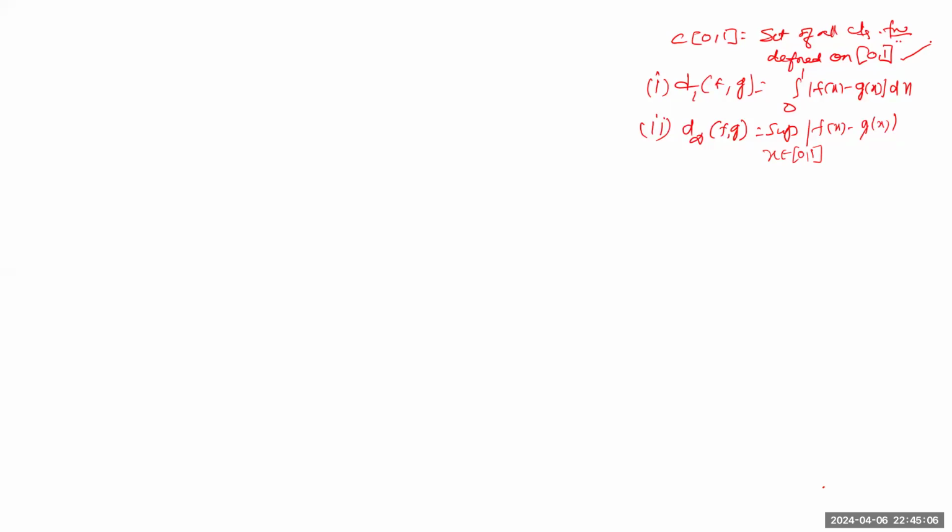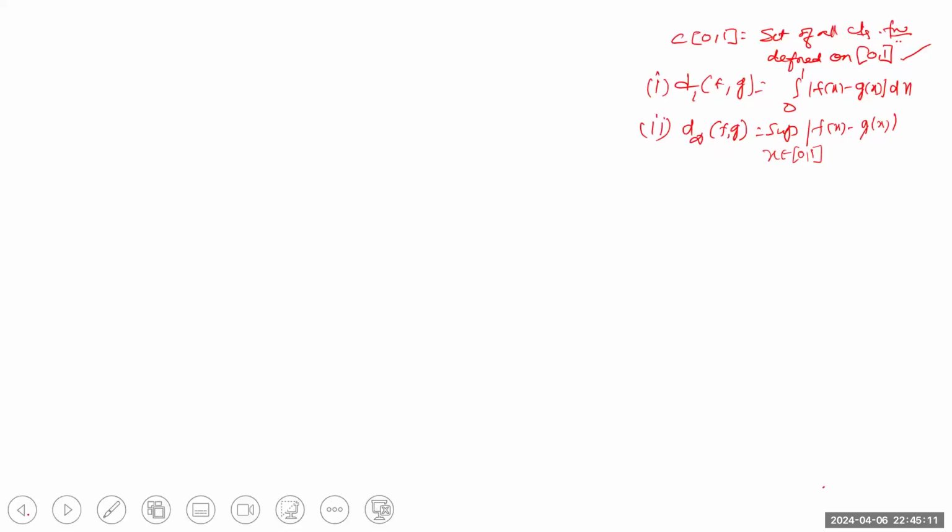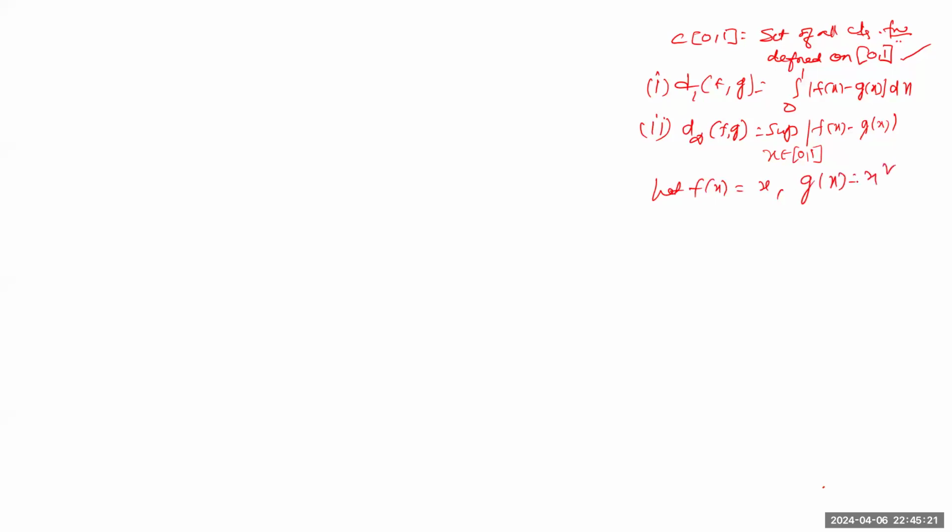I have two functions. Let f of x be equal to x and g of x be equal to x squared. These are polynomials, and every polynomial is continuous. Therefore f comma g are members of C of 0 comma 1. No doubt, my two functions are continuous functions on the closed interval 0 comma 1.